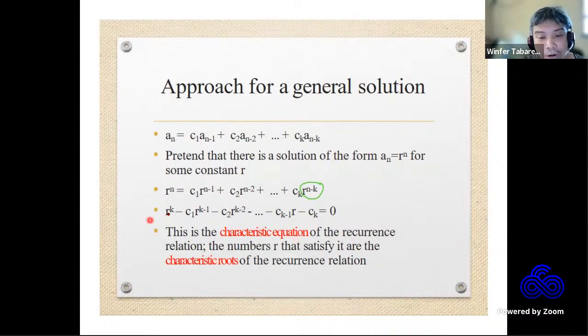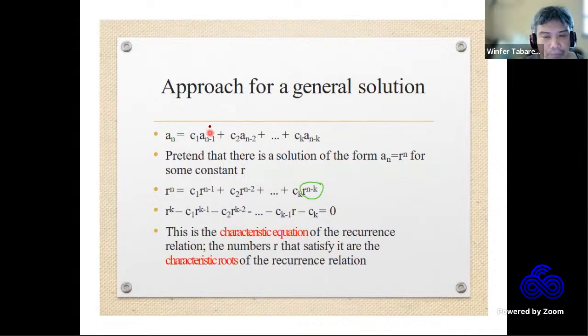We call this corresponding polynomial to the given recurrence relation its characteristic equation. Essentially, the characteristic equation is the equation that relates to the given recurrence relation.